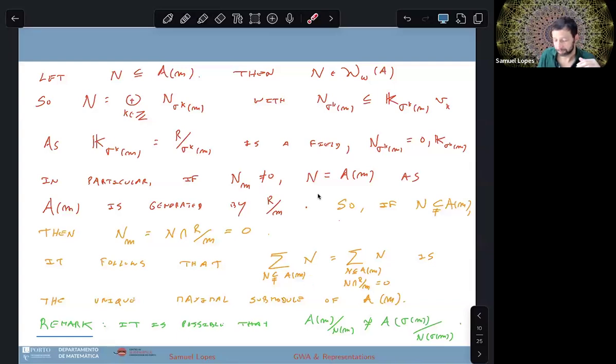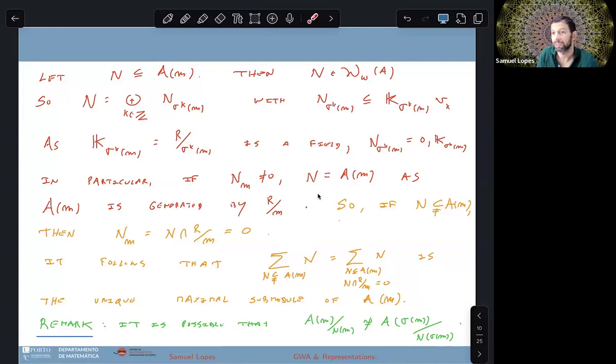What works in our favor is that I can guarantee that this is still a proper submodule. And why can I guarantee this? Because I proved that for all of these proper submodules, the weight space corresponding to M is equal to 0. So all of these have nothing in the component corresponding to M. When I add them all up, I get something that has nothing in the weight space corresponding to M. So it has to be a proper submodule.